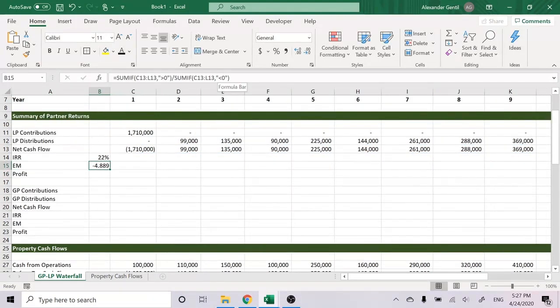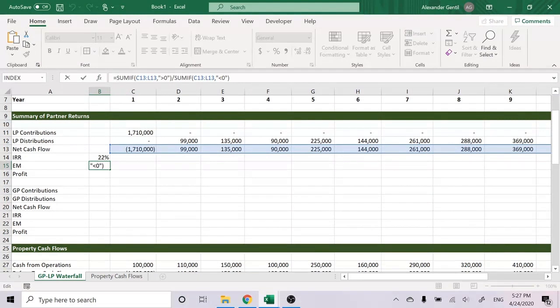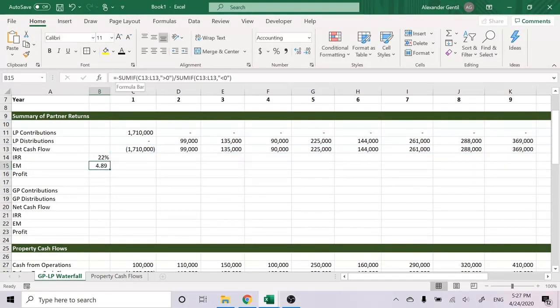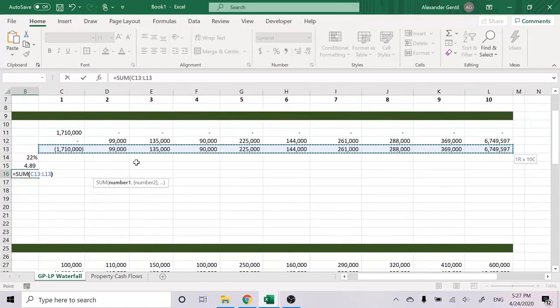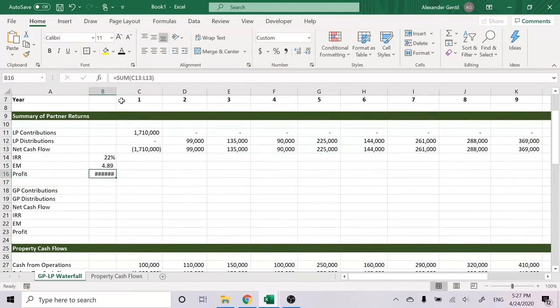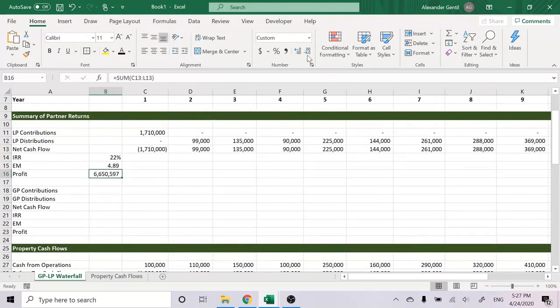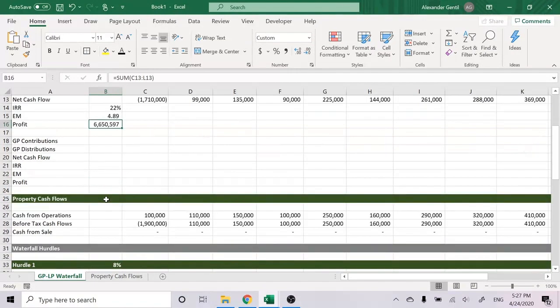And I'm just going to make this a negative. So he's getting almost four times, almost 5 times his multiple there. And then the profit is just the sum of everything here.